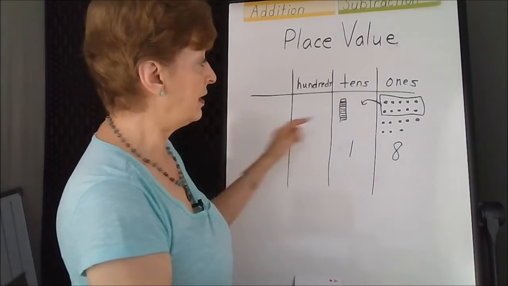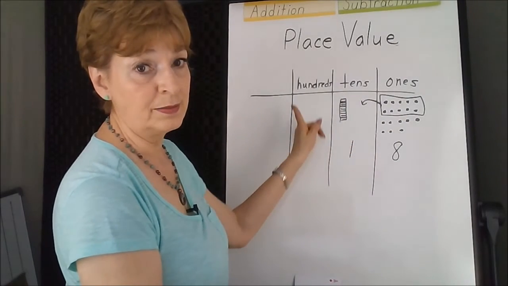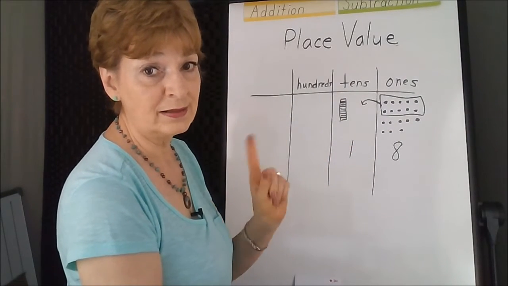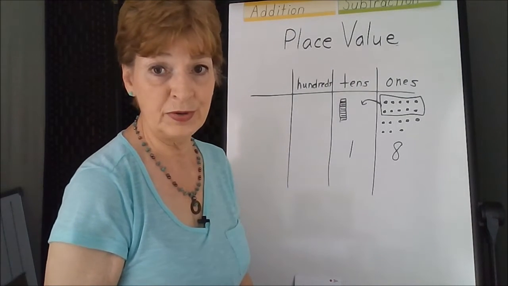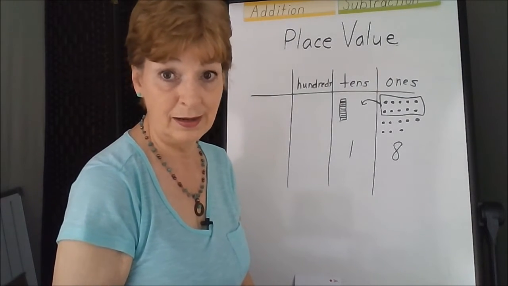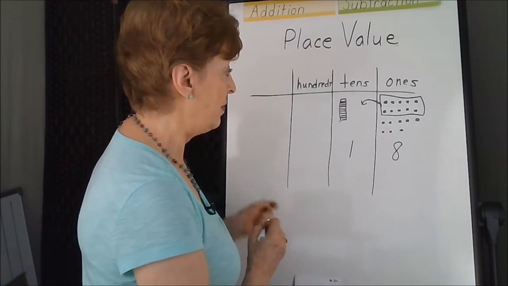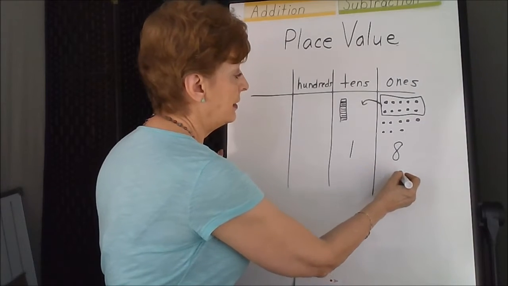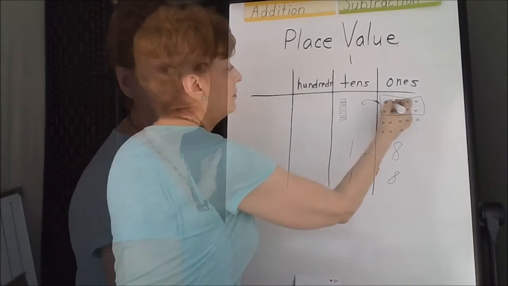So bundling or grouping and passing it on to the next column to just hold one single digit is really the beginnings of what we were used to when we said carrying. So this would be basically 8, carry the 1 to the tens column, and it would be 18.